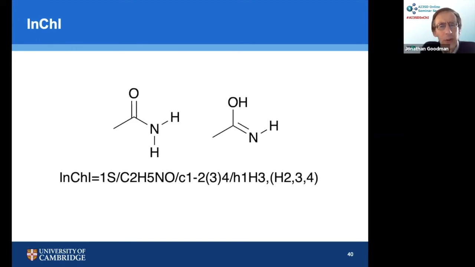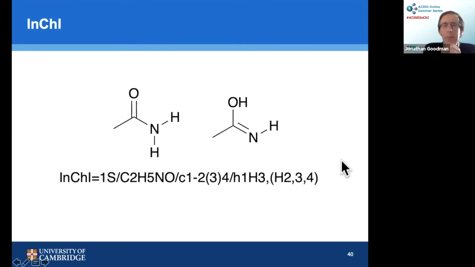Tautomerism is also an issue. An amide, of course, is a very familiar molecule, and this is the InChI for acetamide. C2H5NO, here is the connectivity. And the hydrogens, well, actually, are both the hydrogens going to be on the nitrogen, or is it going to be in the imidic acid form with a hydrogen here and a hydrogen here?